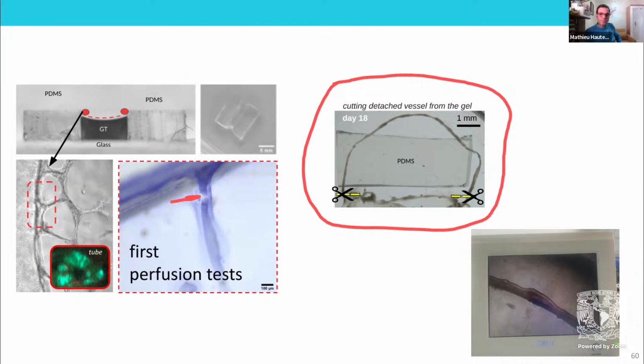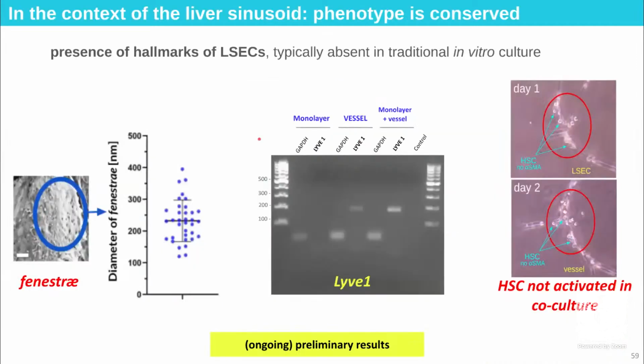Very nice. Do you think if you put some parenchymal cells, I'm thinking about hepatocytes maybe, in the dome, in the long period, you can have a kind of organoid surrounding the new vessel?